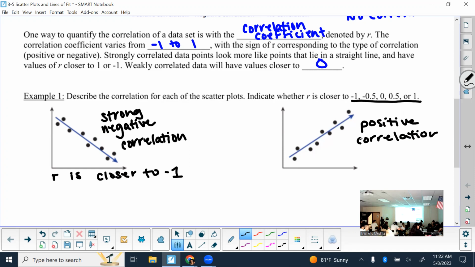And then Caleb, would you say this is strong or weak? We'll take a guess. If this one's strong, do you think this one's strong? Okay, I agree. How you tell if it's strong or weak is how close it is to being in a straight line. Not perfect, so it's not 1 exactly or -1 exactly for the first 2, but it would be close to it.